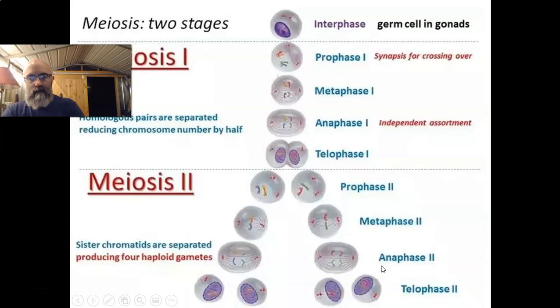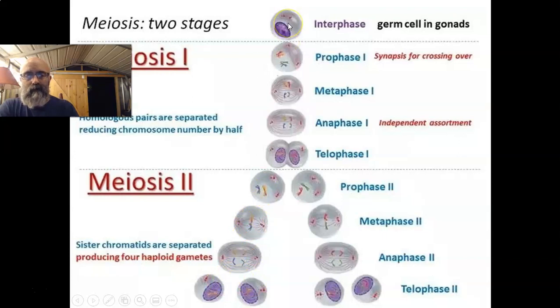Okay, so we duplicate the chromosomes once, and then we divide them twice. So we go, cell's doing its job, cell DNA has been duplicated during interphase, and then we take those copies, we split them, make 2 new cells, and each of those cells is then split again to end up with 4.